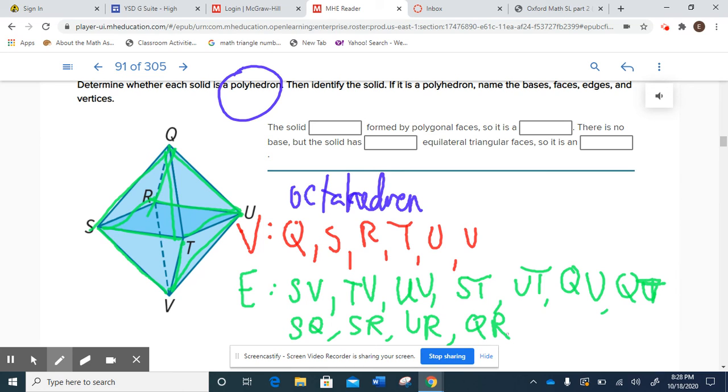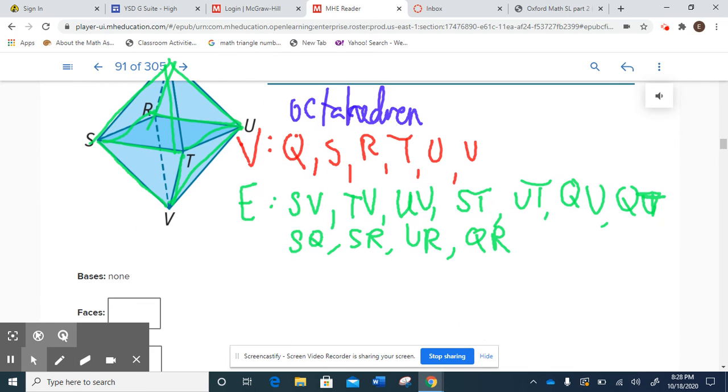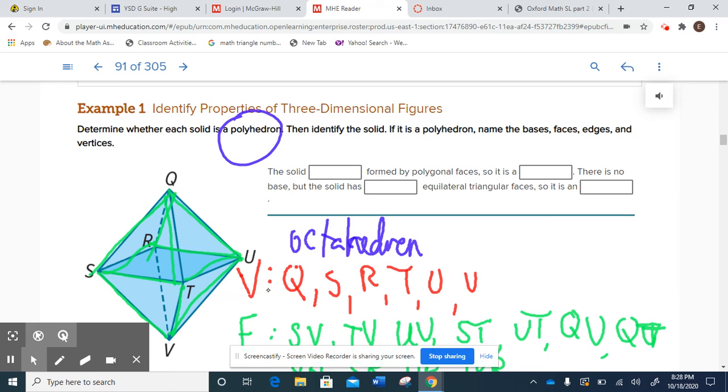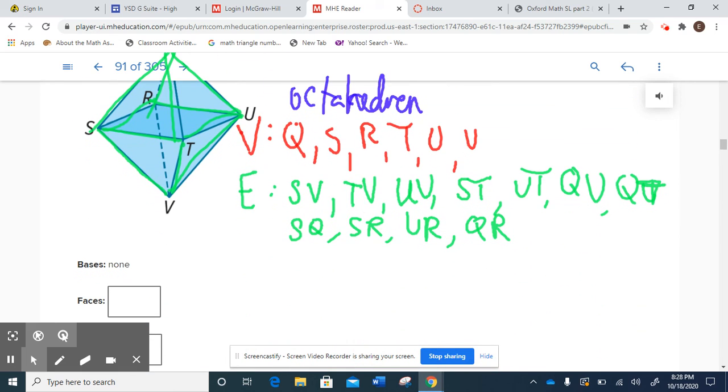The faces are all going to be triangles. Okay, and I believe there should be 8 of them. So when you name an edge, if you name an edge, you're naming a triangle. So we're going to do those ones next. Let's go pink. So I'm going to start with this one.